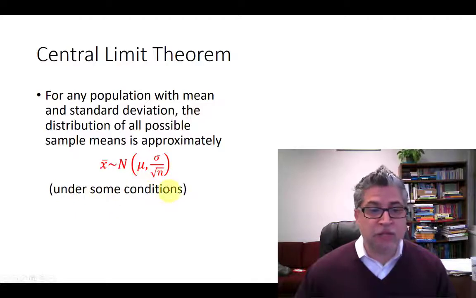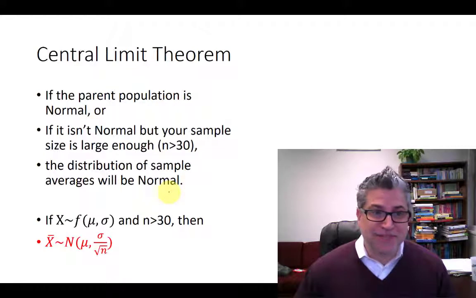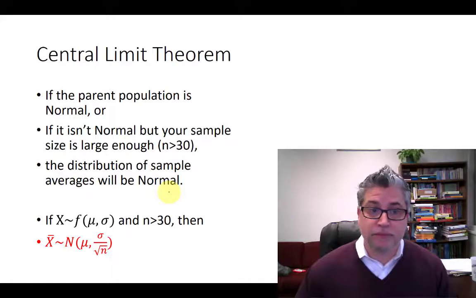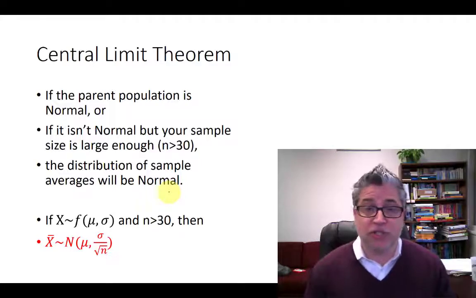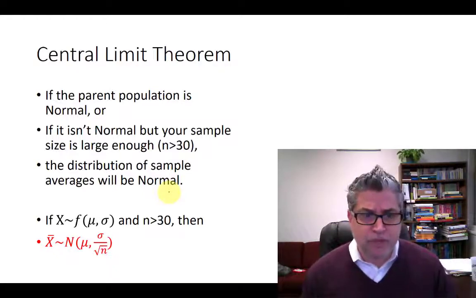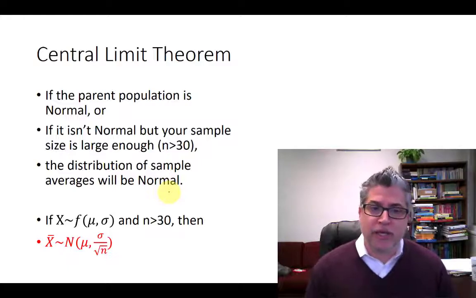Now this is true only under some conditions. What are those conditions? If the parent population is itself normal, then it doesn't matter how big your sample size is, the distribution of x bars will also be normal. If the parent population is not normal, and we just saw a whole bunch of simulated examples where they weren't normal. We had Bernoulli, we had binomial, we had Poisson, we had a whole bunch of different stuff. Then the critical part is how big is the sample size and how wonky was the parent population.